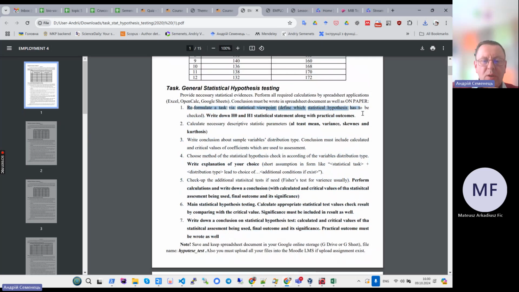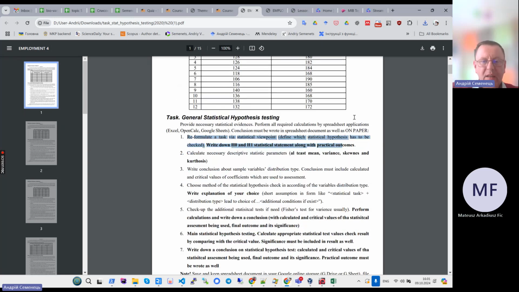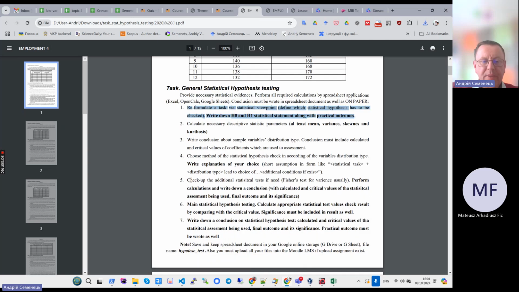Attention, question 1 is completely theoretical. Question 2 is only practical. You have to calculate those parameters. Questions 3 and 4 are also only theoretical, so you just write down your answer. 5 could require both calculation and explanation.